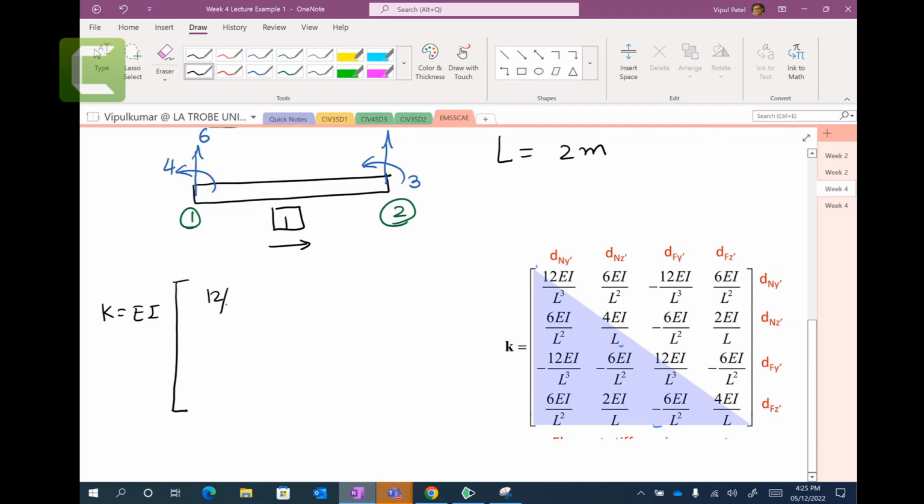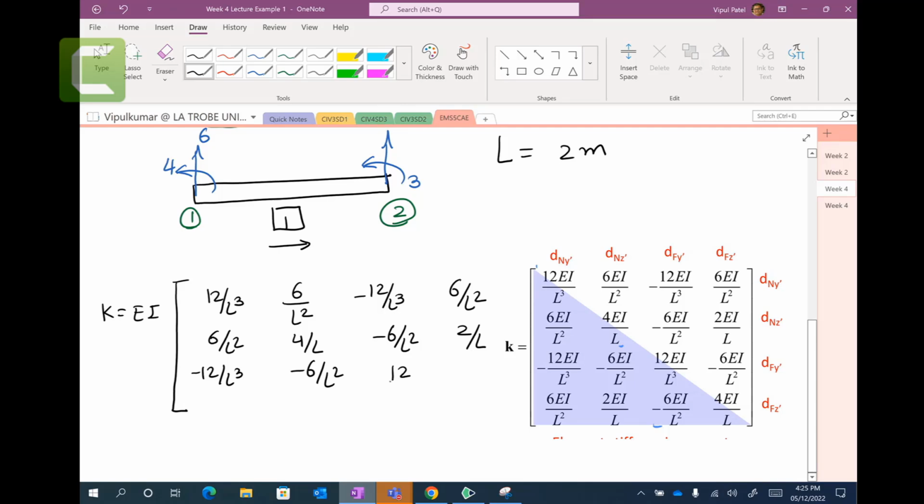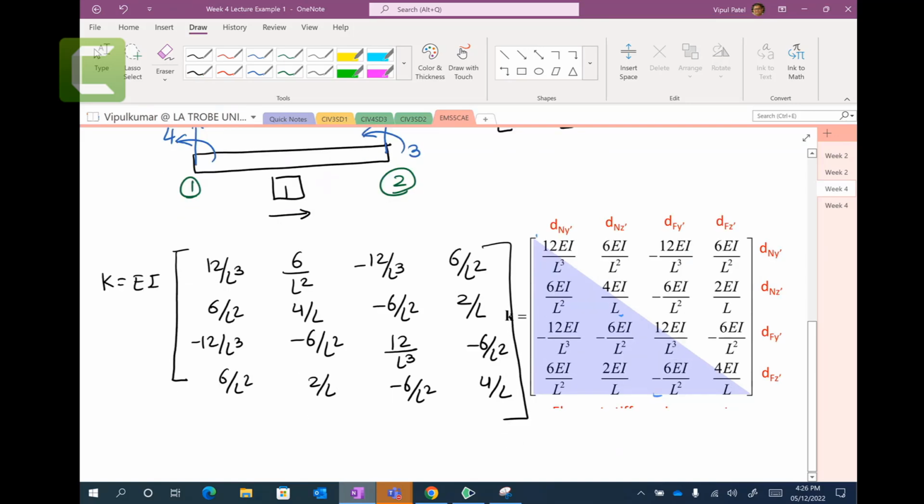So I can write 12 on L cubed, 6 on L square, minus 12 on L cubed, 6 on L square, 6 on L square, 4 on L, minus 6 on L square, 2 on L, minus 12 on L cubed, minus 6 on L square, 12 on L cubed, minus 6 on L square, 6 on L square, 2 on L, minus 6 on L square, 4 on L. Can you see it?